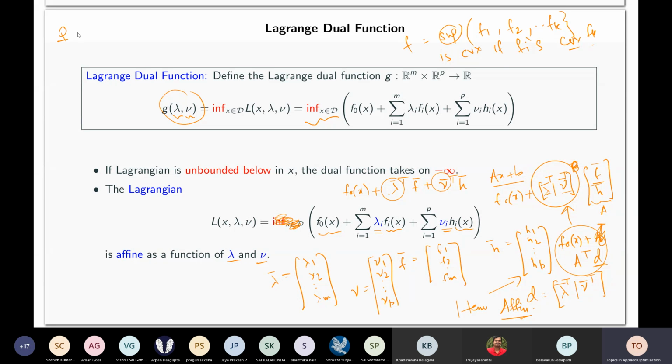So the quiz here is: f is an infimum of convex functions, let us say f1, f2, up to fk. If the fi's are convex, is f convex? Now what do you think? This is the result we have proved before, right?